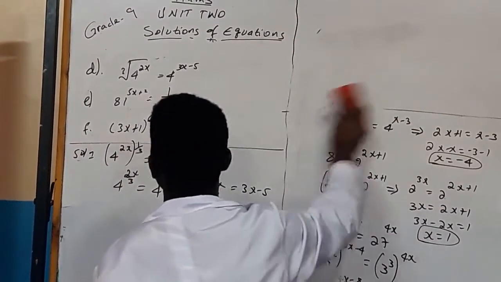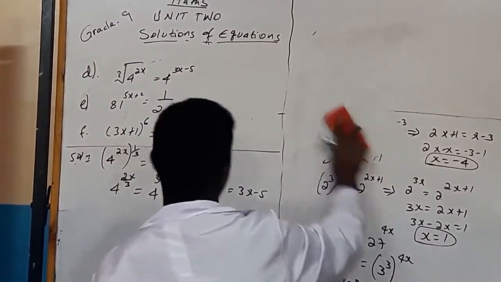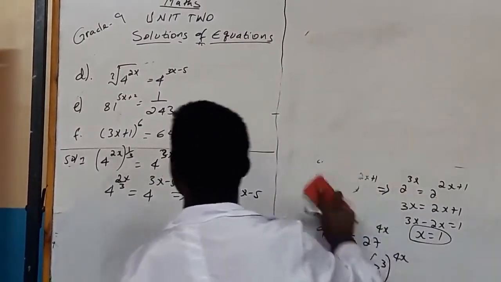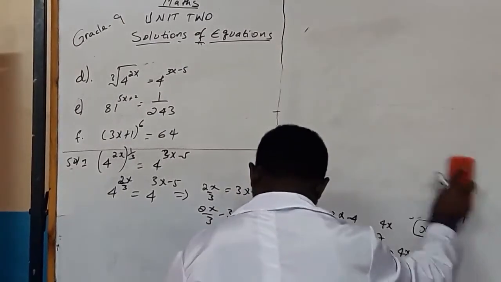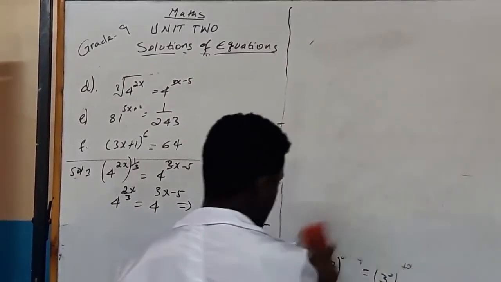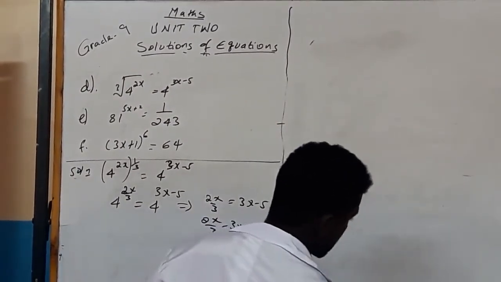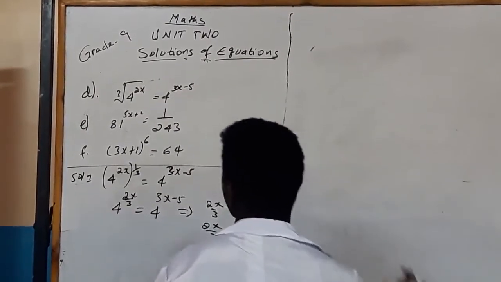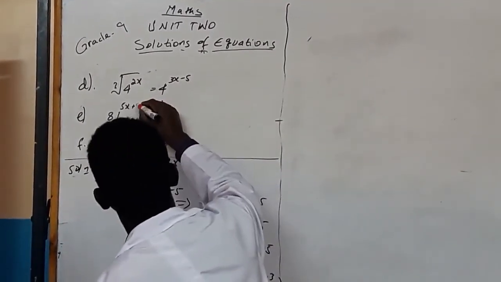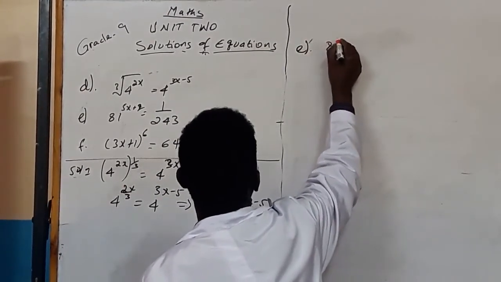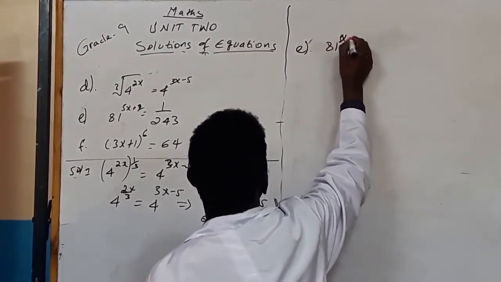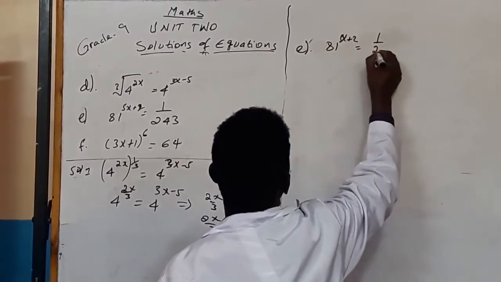Next is E. E says 81 the power of 5x plus 2 is equal to 1 over 243.